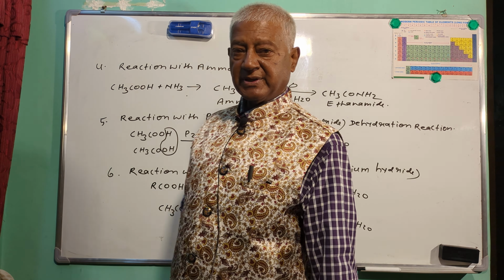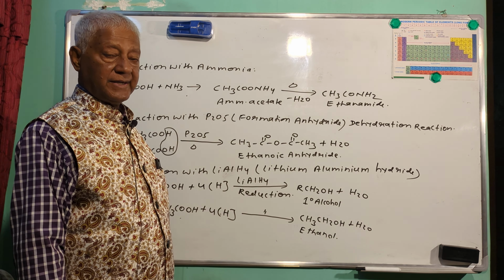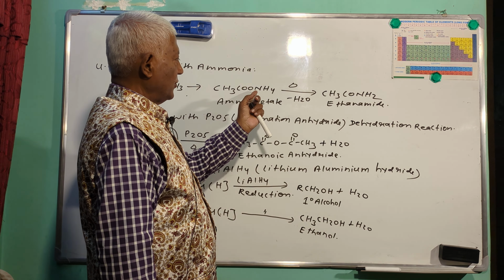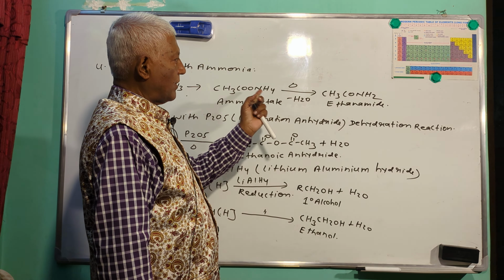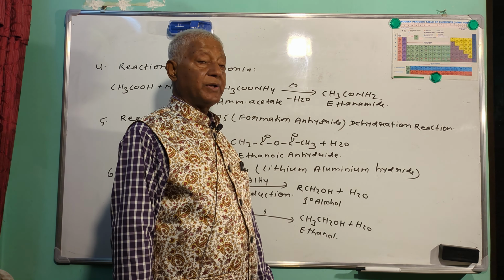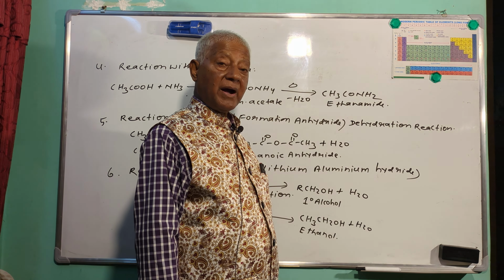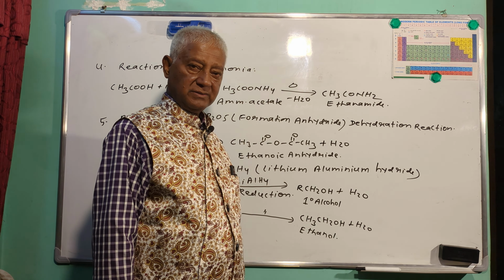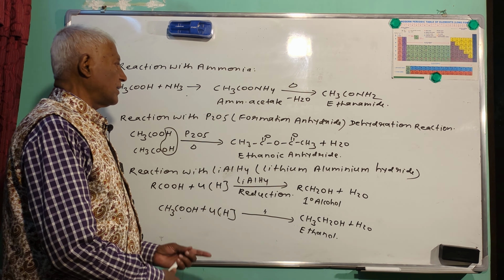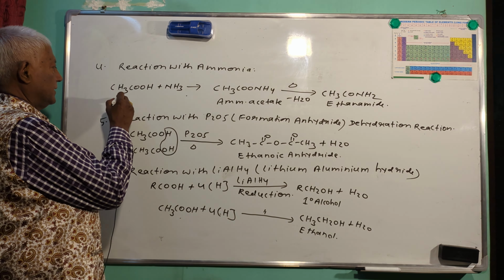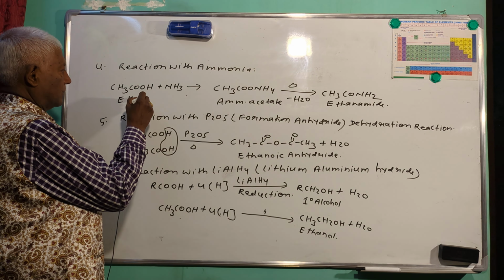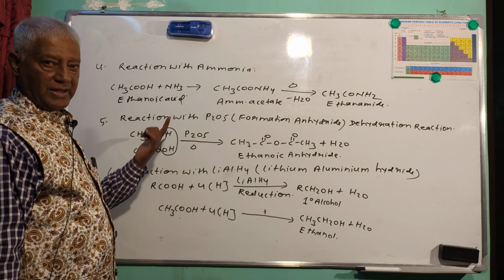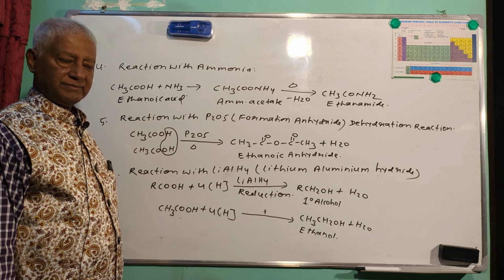Now this ammonium acetate, when heated, loses one molecule of water, and we have CH3CONH2, that is the amide group. CONH2 means amide group, ethanamide. Sometimes you are asked how to convert ethanoic acid into ethanamide. So you can give this conversion.